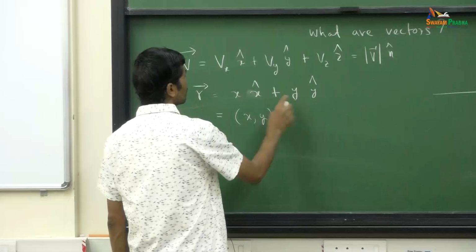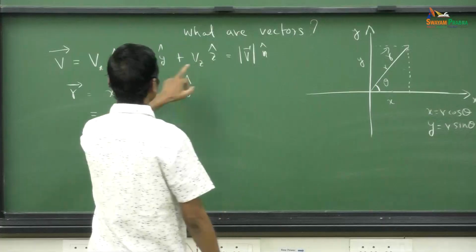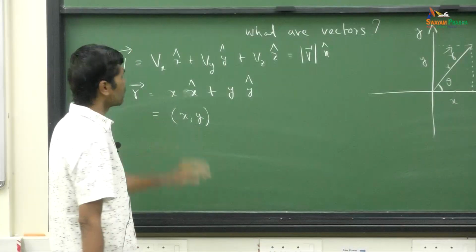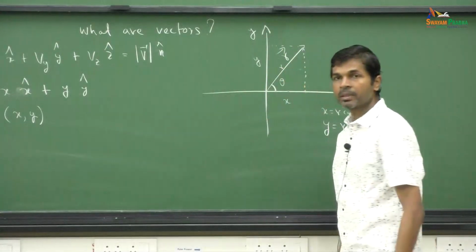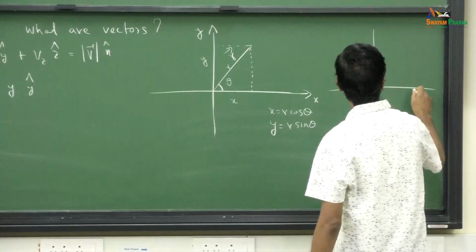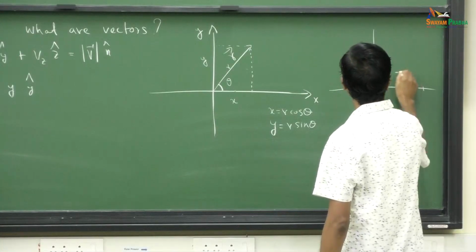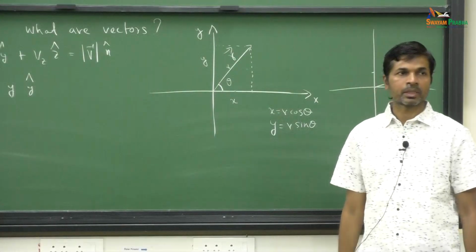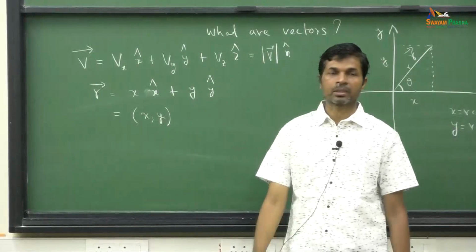So, once you know the components, for example, if you know Vx, Vy, Vz, you know this vector V completely. It's specified in terms of its components. Similarly, if you know x and y, then you know what this vector is. For example, suppose somebody says this is your x value and this is your y value, then you just consider this and join this point, this vector is determined. So, given the components, you determine these vectors.